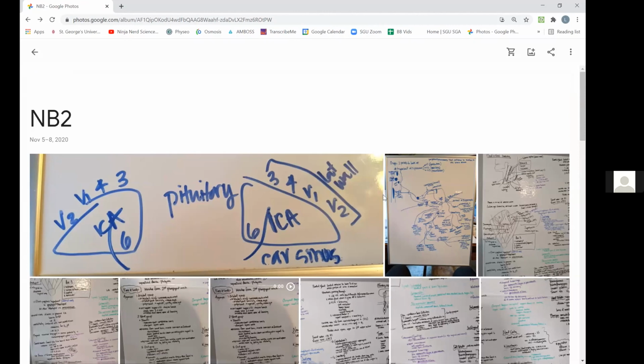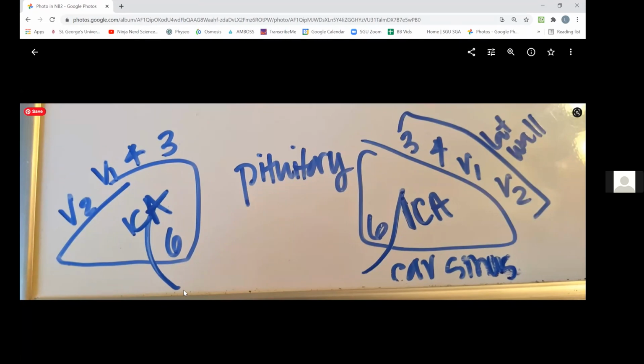Whenever the answer is not the ophthalmic, that's when it seems like it doesn't make a whole lot of sense. So in the cavernous sinus, 6 is the one that runs through. And on the outside, you have 3, 4, V1, and V2 on the lateral wall. I memorized this picture and I was good for the exam.